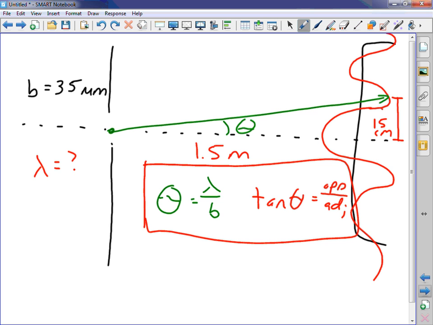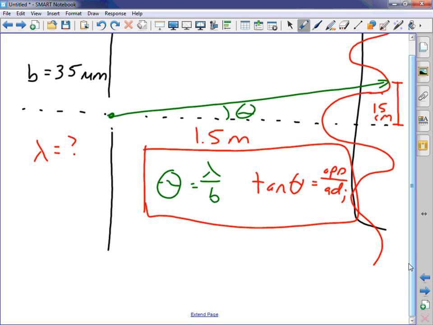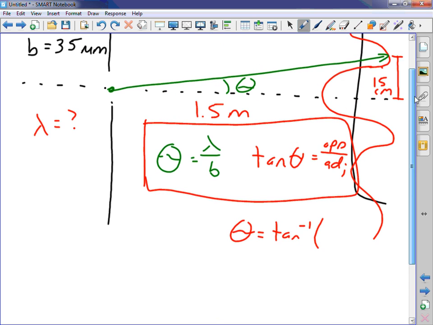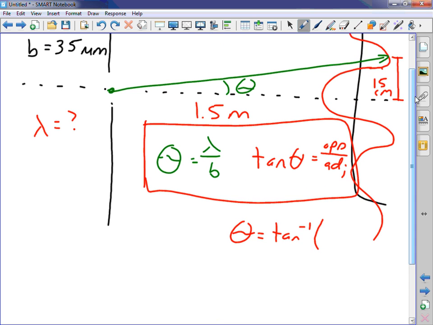So now, theta is going to equal the tan inverse, you need to do this in radians by the way, of the opposite, which in base units is 0.15 meters, divided by 1.5.